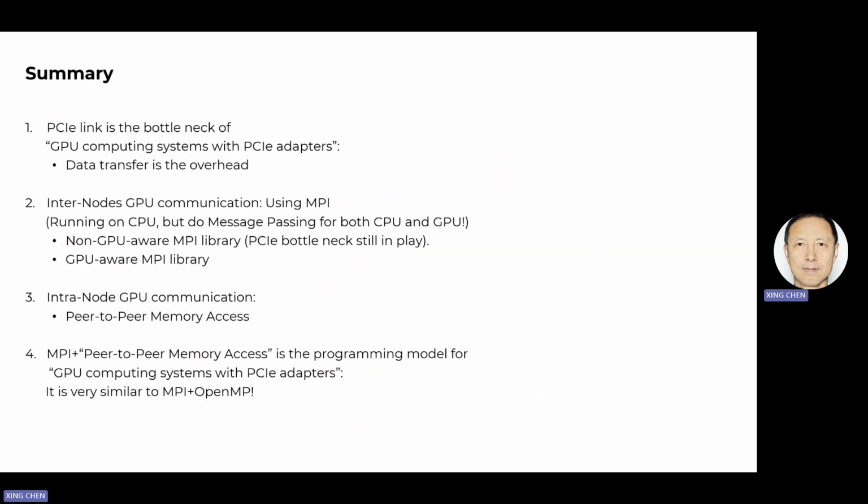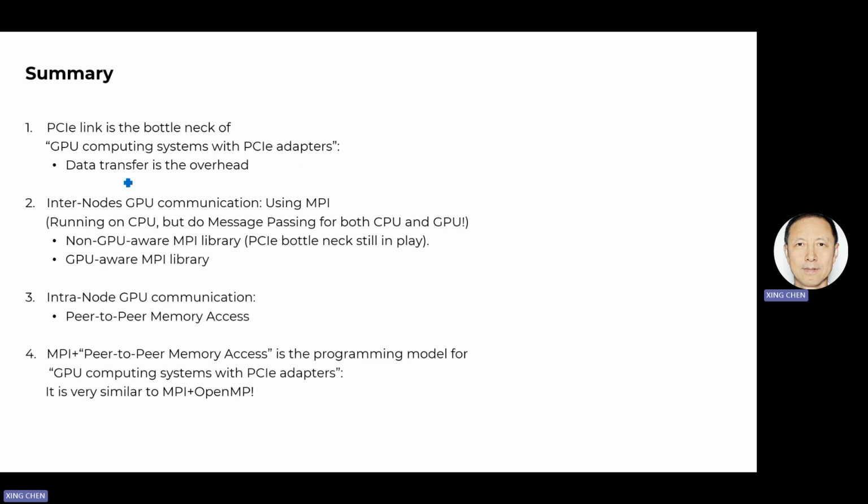So let's do the summary. We started by discussing that for the GPU computing systems with GPUs in the form factor of PCIe adapters, clearly there is the architectural bottleneck, which is the link between the GPU and the server.